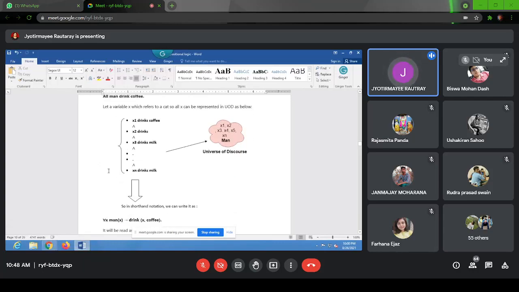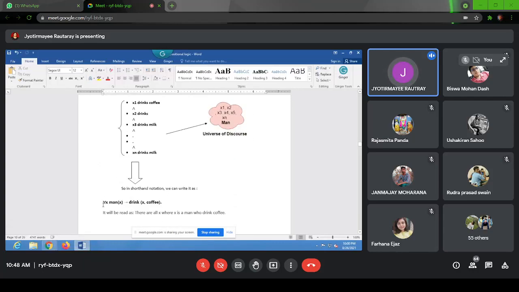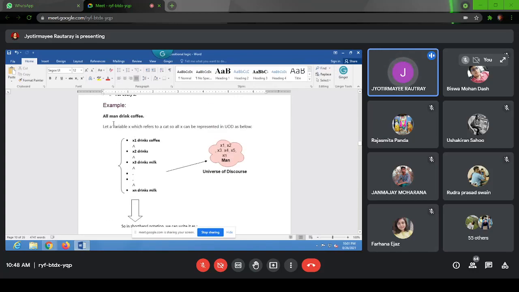Universal quantifier means its symbol is "for all." Whenever you use either a universal or existential quantifier, a variable must always be attached to that symbol. So I will read it as "for all x."